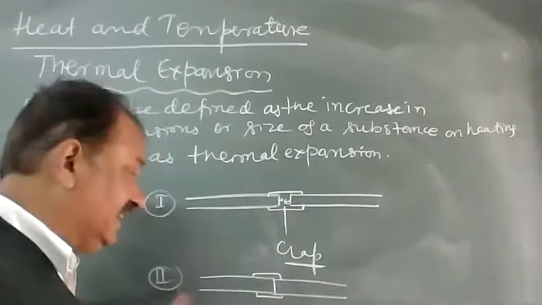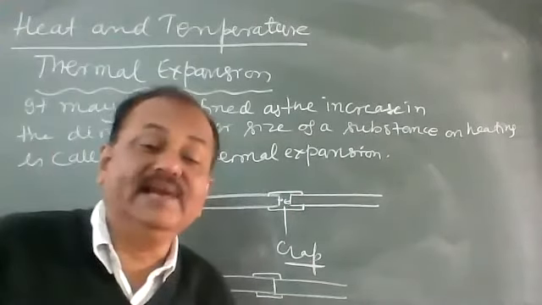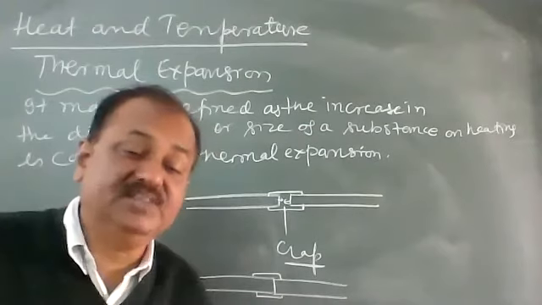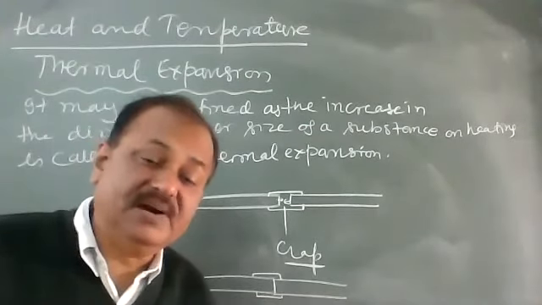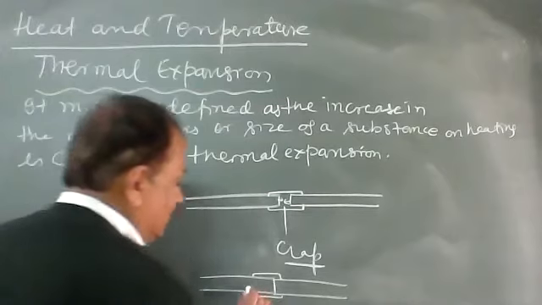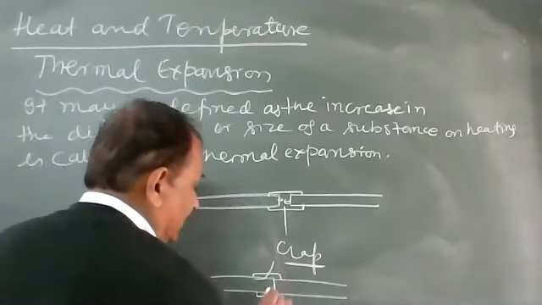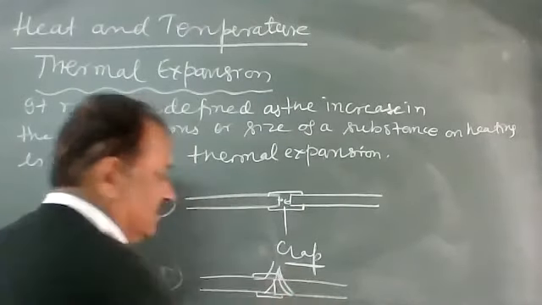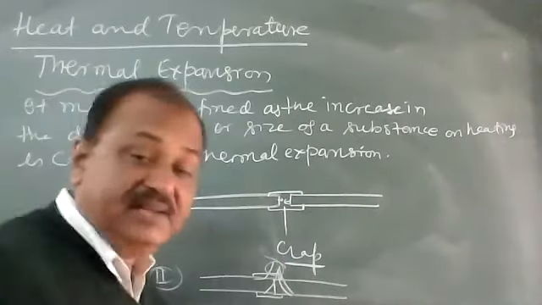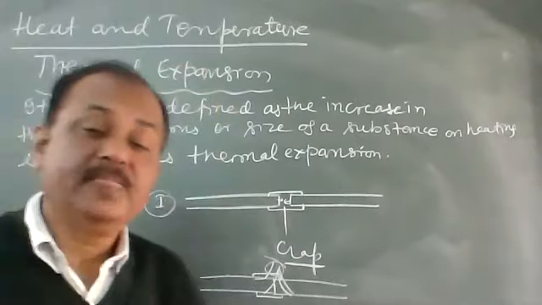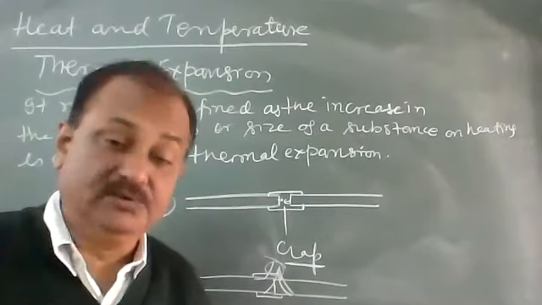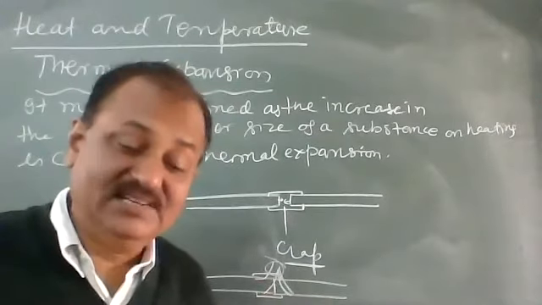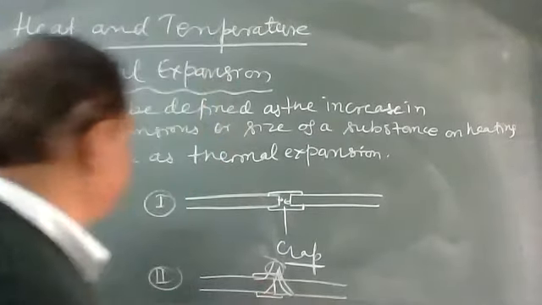But in the second case, if they are neck to neck, in contact with each other with no gap, what will happen? As a result there will be an increase in size. It will move upward, or it can bend downward also. So there is a chance of accident. So this is one point.